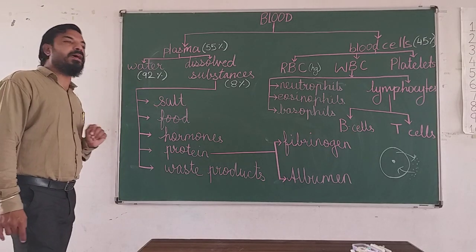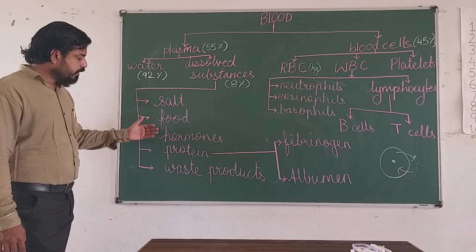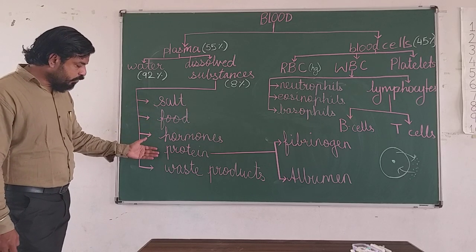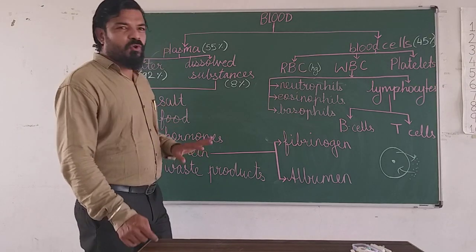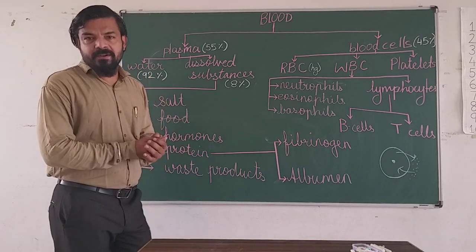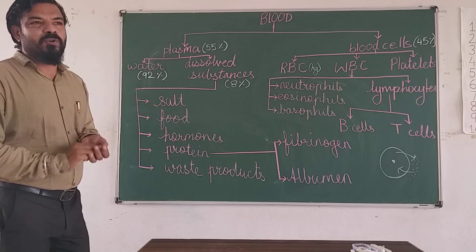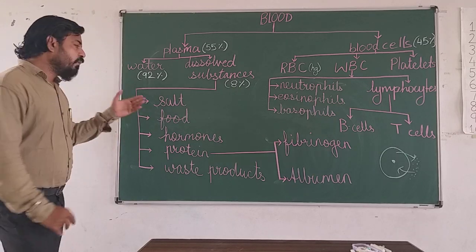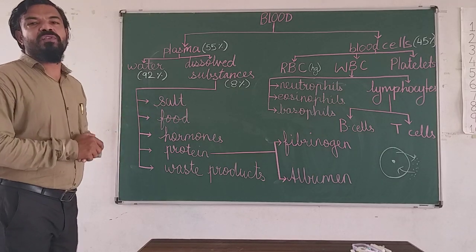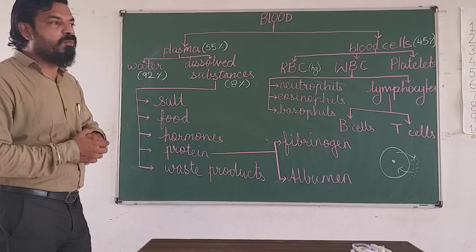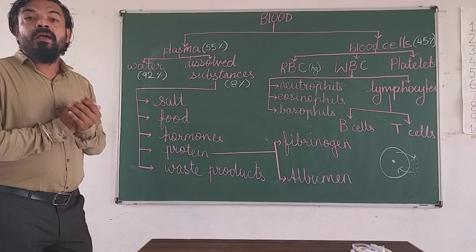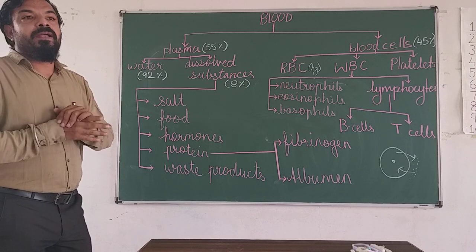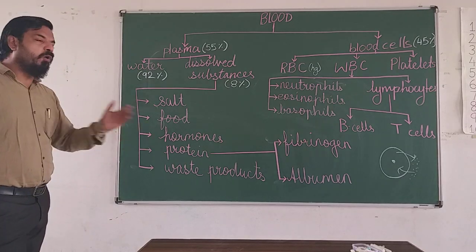These dissolved substances are salt, food, hormones, protein and waste products. As you know, salts are very important. Sodium chloride, or salts, are very important in your body. Food means the food which we eat; after digestion it goes to all other parts of the body and is stored as fat.